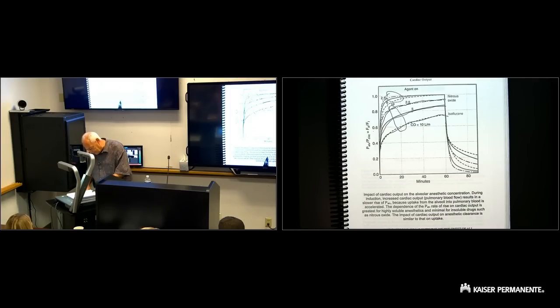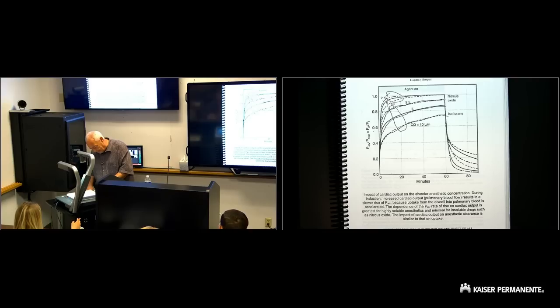The dependence of the alveolar concentration rate of rise on cardiac output is greater for highly soluble agents and minimal for insoluble agents. The impact of cardiac output is the same as that. In other words, when they're waking up, it's the same as when they're going to sleep.